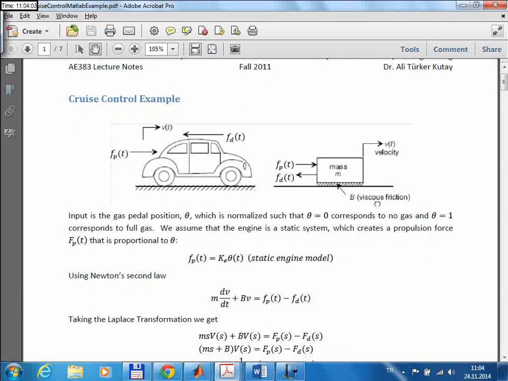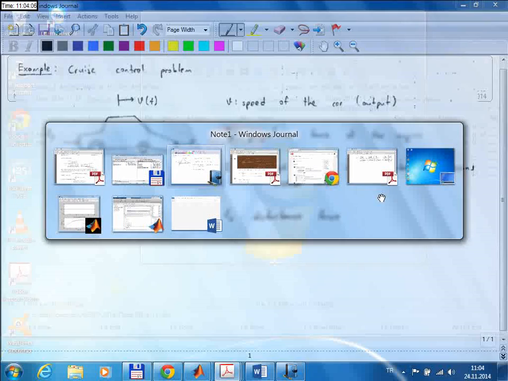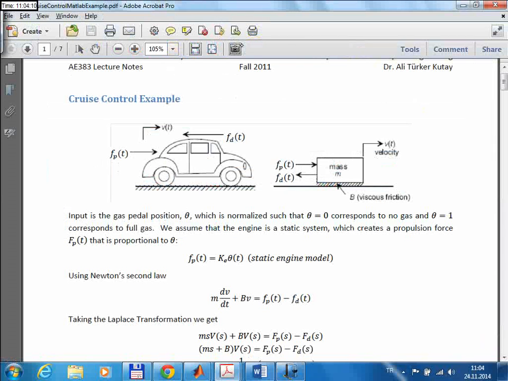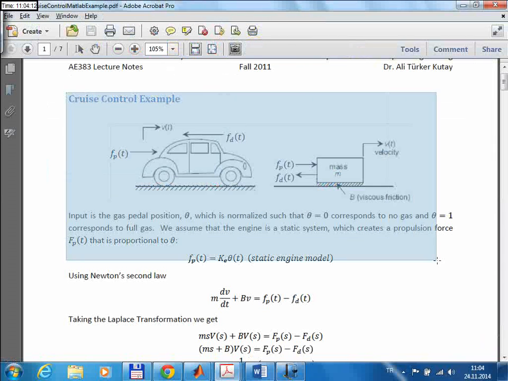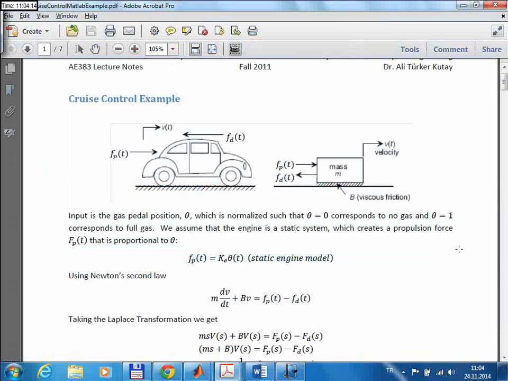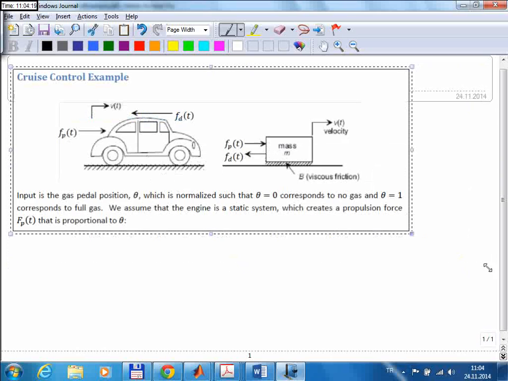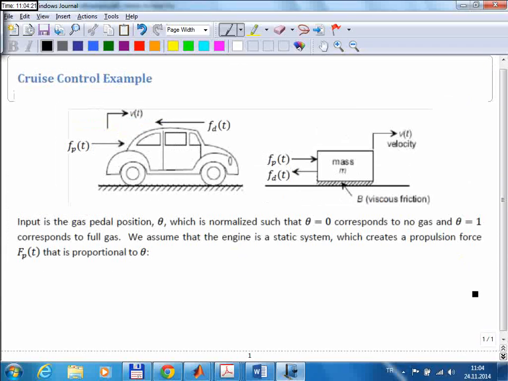So probably we should use this figure instead. Okay, so this is our system.